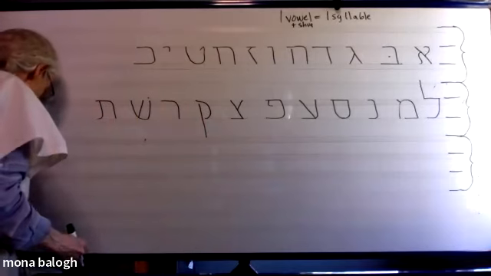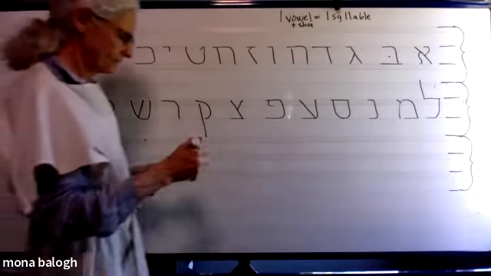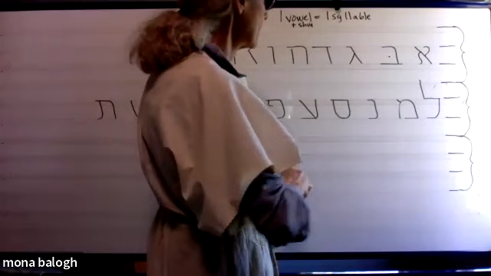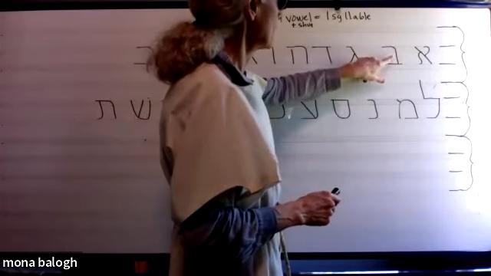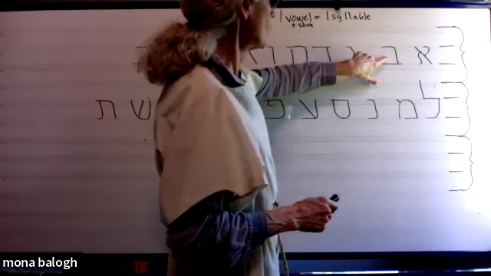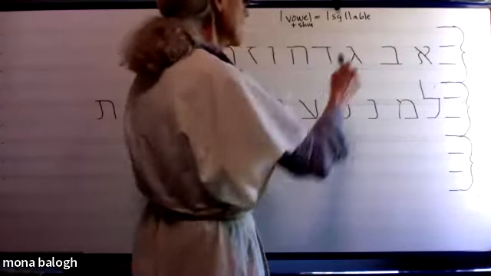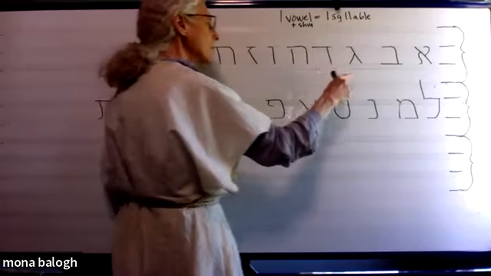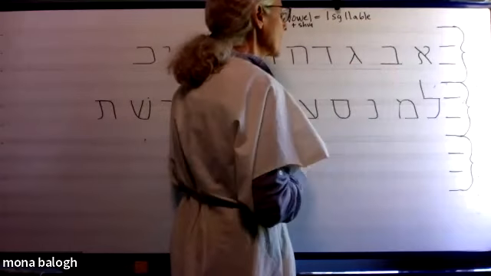Let's do the wrap real quickly. This dagesh is here because it's pronounced beit, but in the scroll it doesn't have a dot, so I'm just going to take the dagesh out, but we're going to pronounce it as a B. Let's do the wrap.